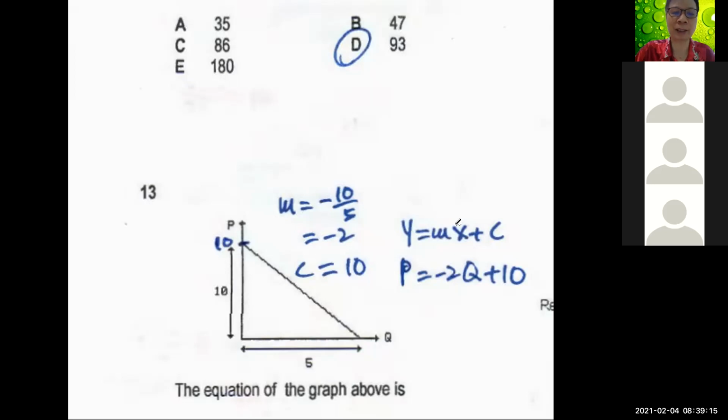So use the formula: y replaced by P, m the gradient replaced by -2, x replaced by Q, and the y-intercept c replaced by 10. That's all, you get the answer.